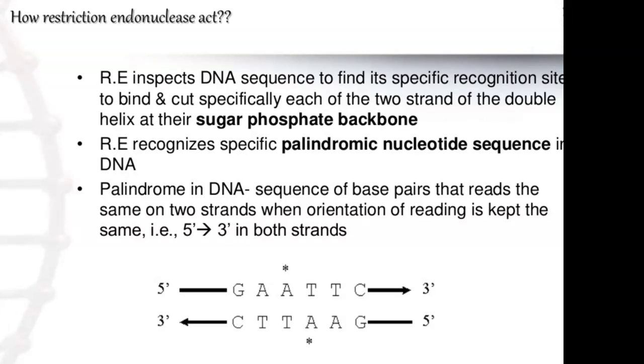For example, you can see here GAATTC from 5' to 3'. If we read the complementary base pairs CTTAAG, again from 5' to 3' on the second strand, antiparallel to the first, it is the same GAATTC. This is known as a palindromic sequence.